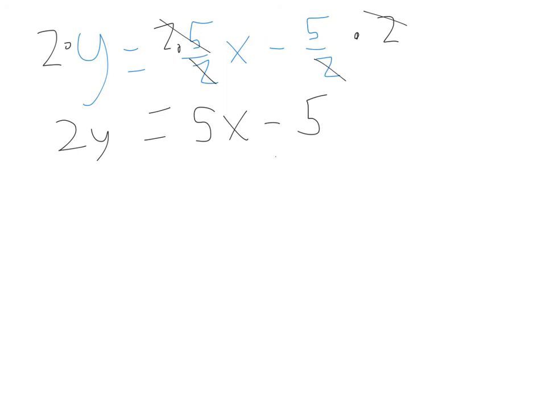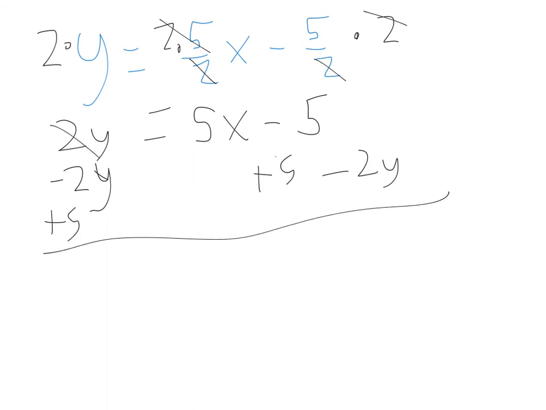Now I believe we said that we're going to keep it like the book and keep the x term positive. So if you subtract 2y from both sides and add 5, the 2y and the minus 2y would cancel out, so you would have 5 equals 5x minus 2y.